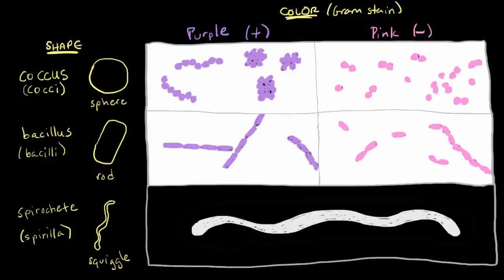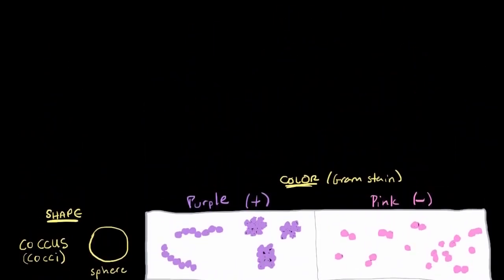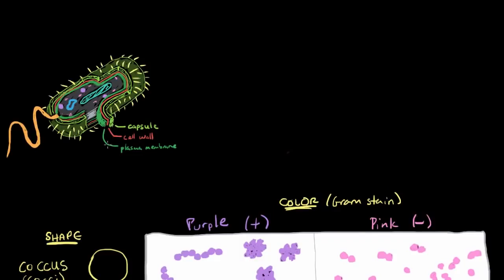So we're going to take a closer look at this color aspect. This might look familiar to you, but this is just the general bacterial structure that we've gone over before. And again, because the stain is only on the external layers of the bacteria, pay attention to just the external layer.